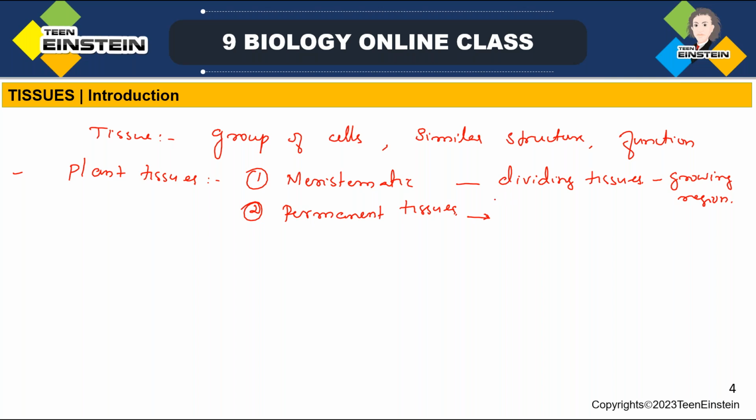So after dividing, what happens to that meristematic tissue? After some stage, it will form the permanent tissue. That's what we are saying: permanent tissues are derived from meristematic tissue.